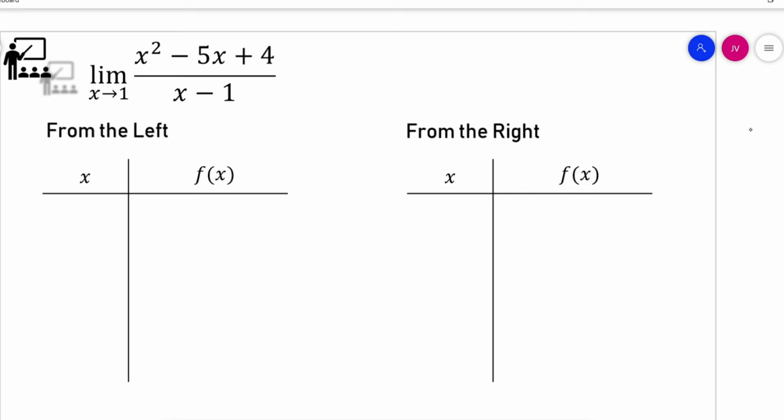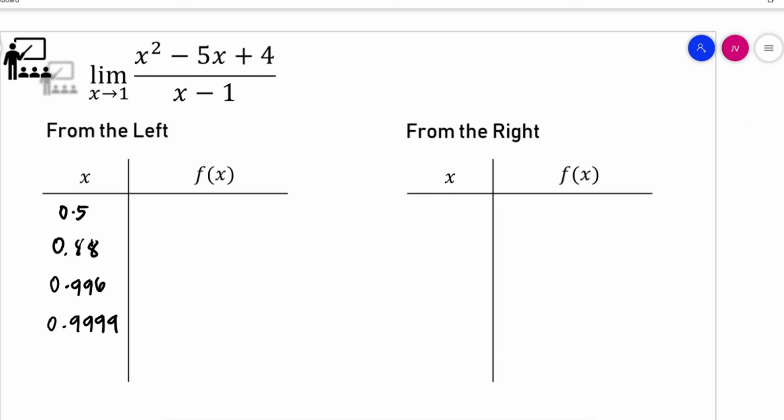So we can assign values. From the left of 1 is 0.5, 0.88, 0.996, 0.9999.